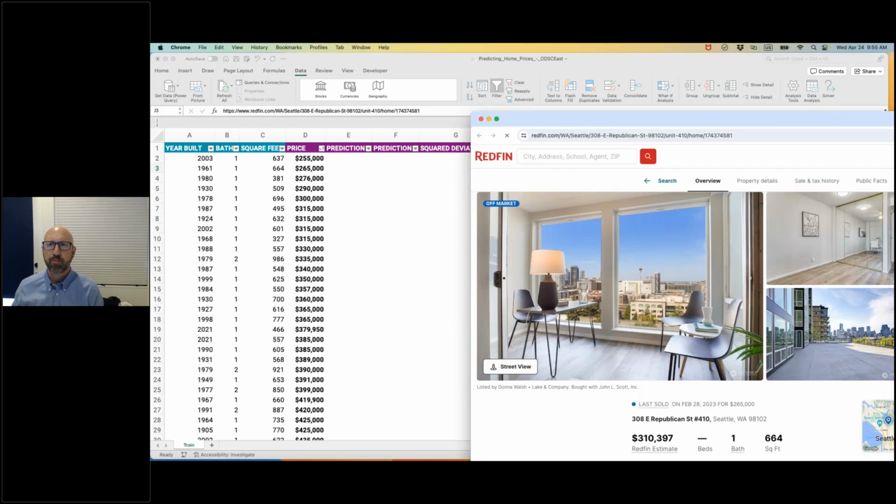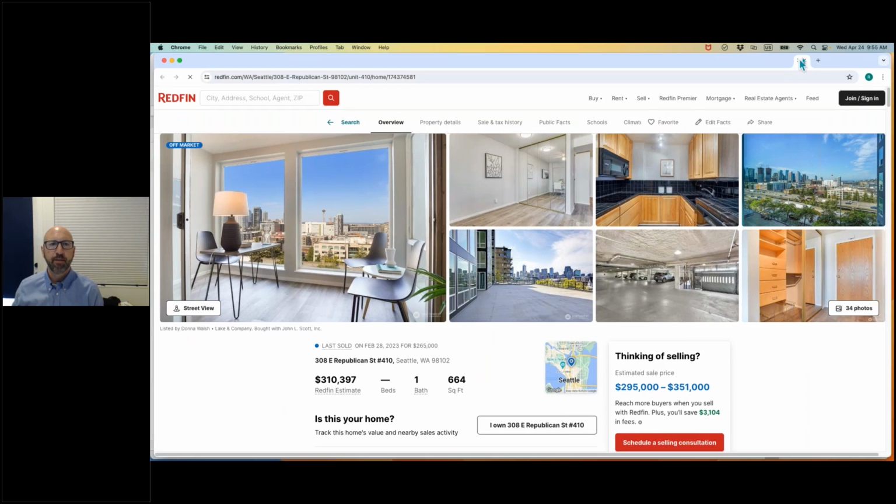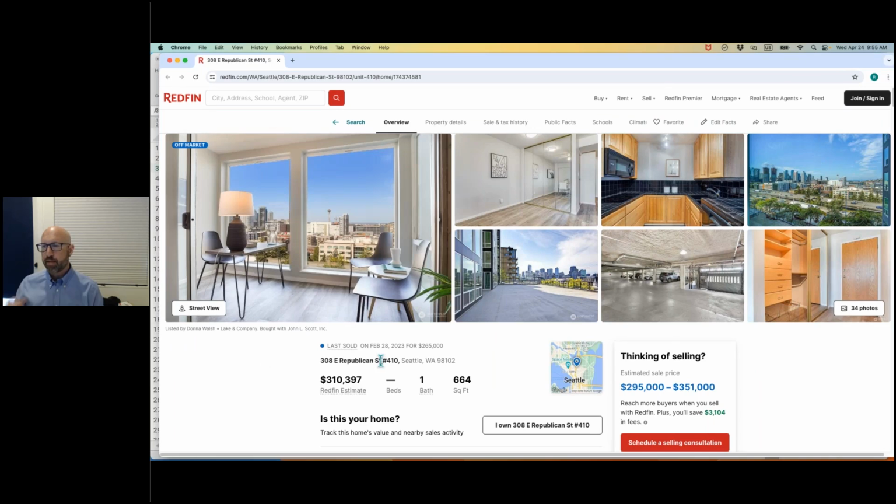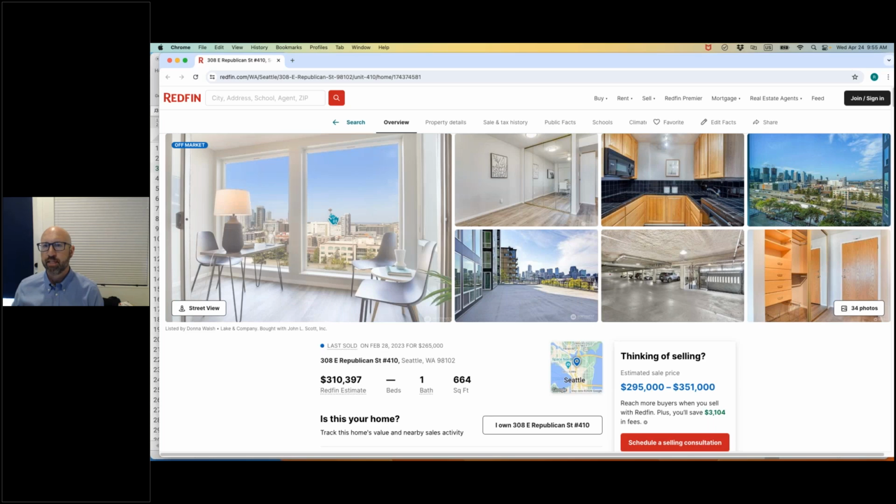So let me bring this property here. You can see over here, this is the information that you can see on the website. In effect, it says that it was sold for $265,000. This company predicts that if you were to sell this property today, this would be the actual price. Notice that it doesn't have any bedrooms, so it's a studio apartment. It has one bathroom, 600 square footage, and you can see a lot of pieces of information. For example, it has a nice view to the Space Needle.